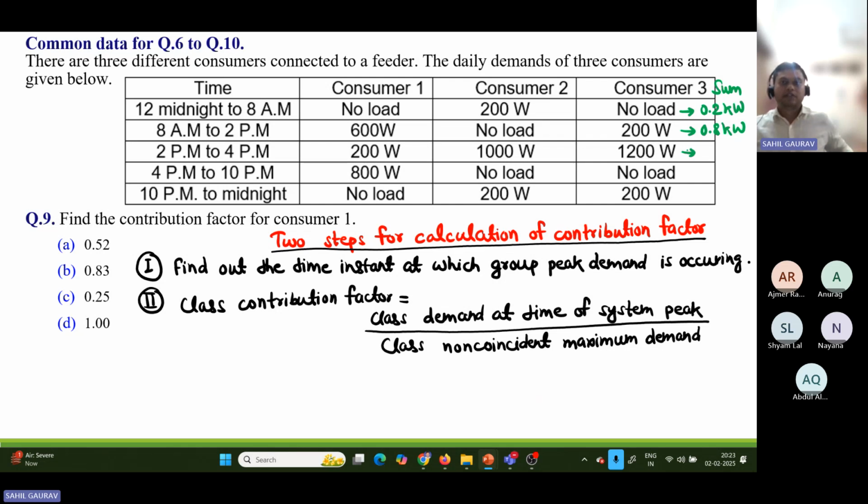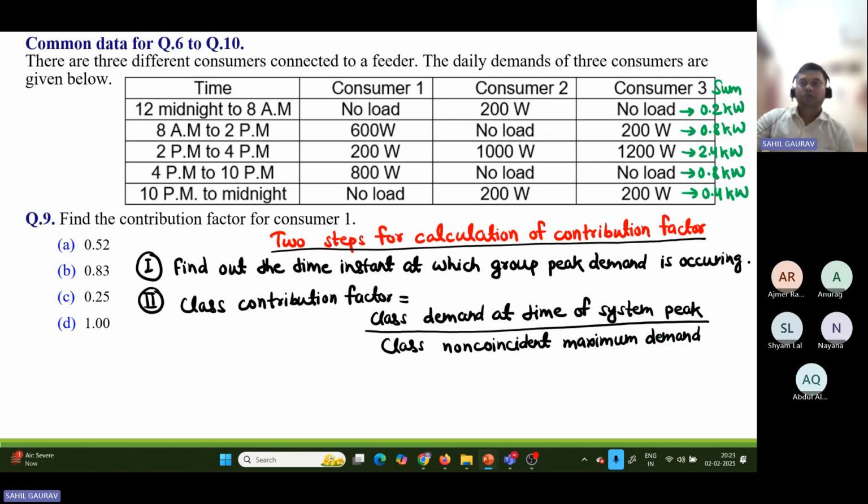For this, 2200 plus 200, that means 2.4 kilowatt. And for this, we are getting 0.8 kilowatt. And for this, we are getting 0.4 kilowatt.